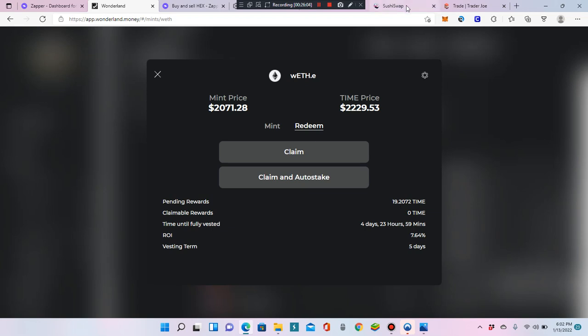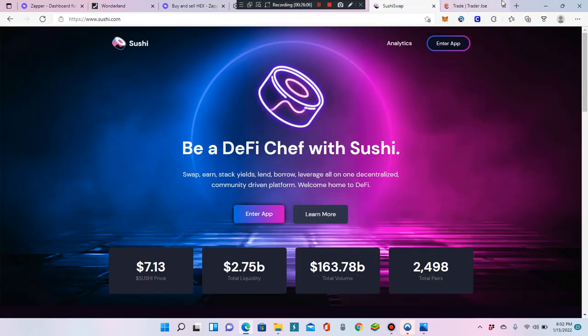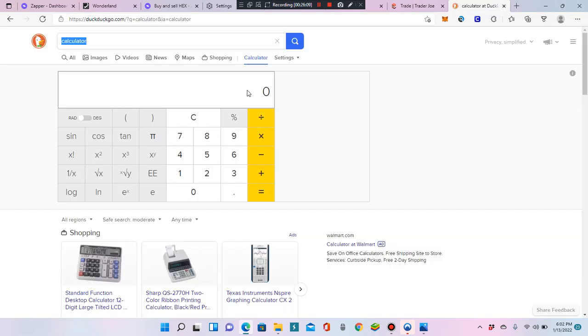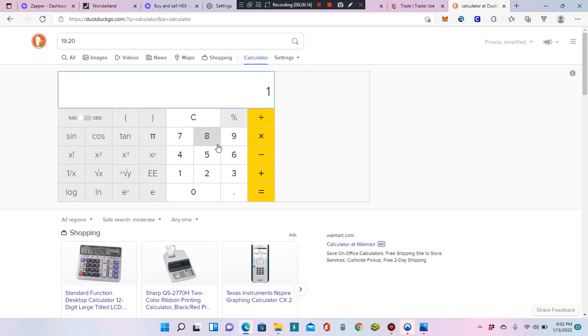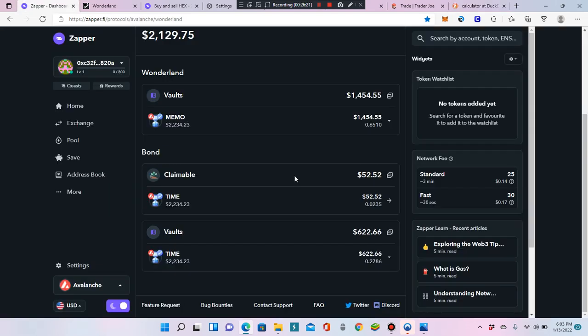Okay, so where's the handy dandy calculator? 19.20 plus these guys, which I'm just going to do on my phone really quick: 0.6510 plus 0.0235 plus 0.2786.